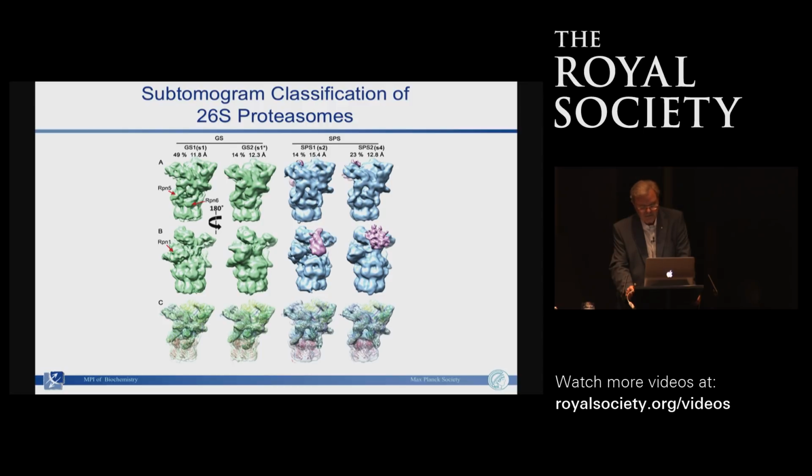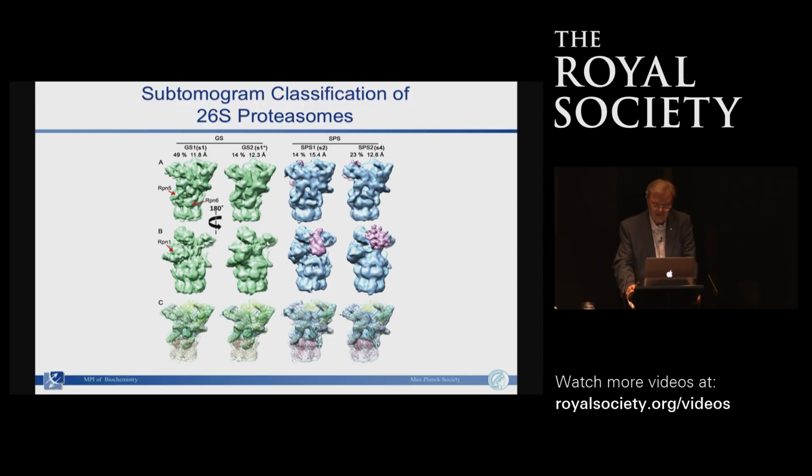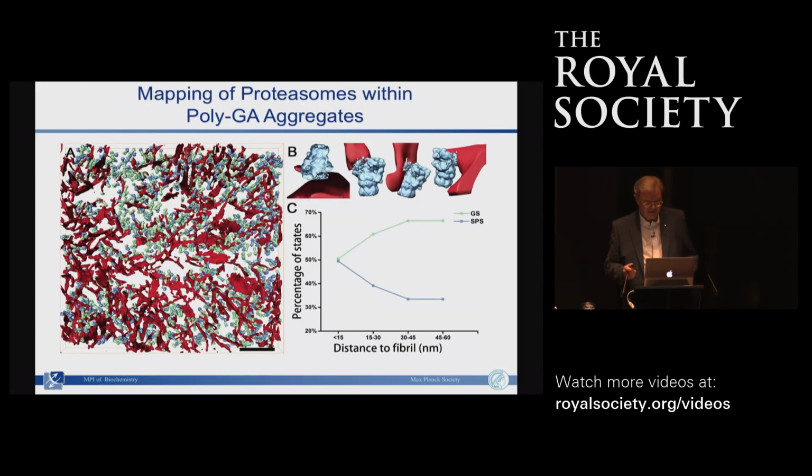Then we have the substrate processing ones in blue, and that is inferred only from the conformational state. Invariably, those in the substrate processing state have, as shown here in purple, some additional irregular mass, which we tentatively identified as substrate.